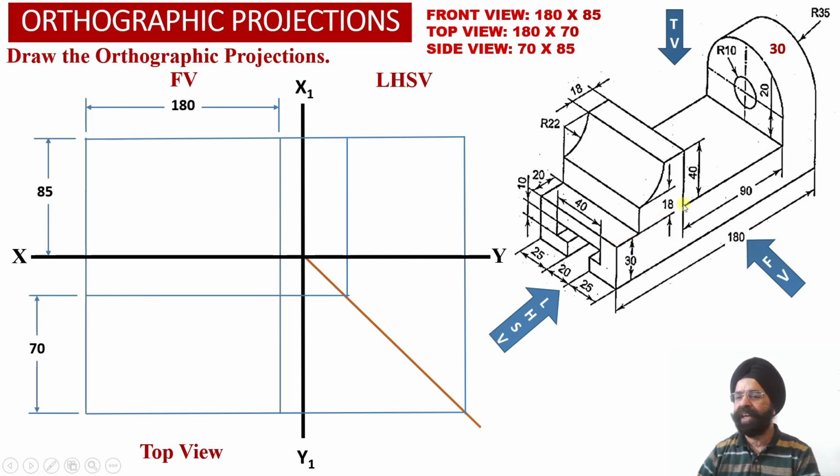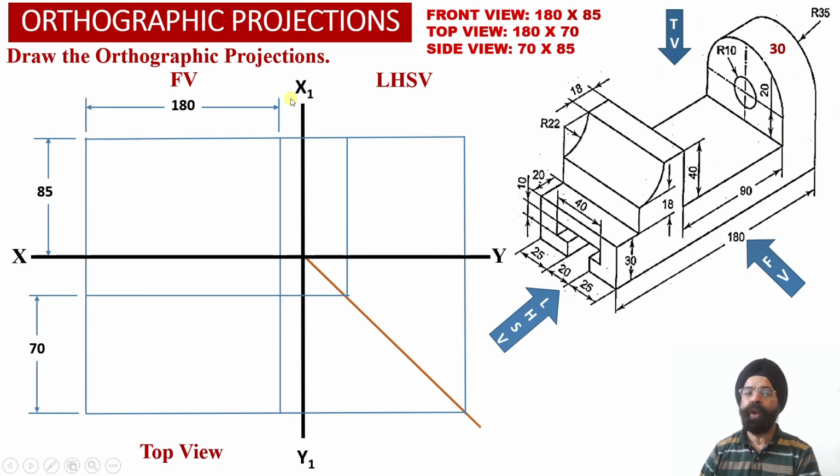We have been provided with the information corresponding to this rectangular cross section, that is the top surface of the horizontal web. This distance is equal to 90 millimeter. So 60 plus 90, this distance becomes 150 millimeter up to this vertical surface over here. So the width of this vertical web happens to be 30 millimeter.